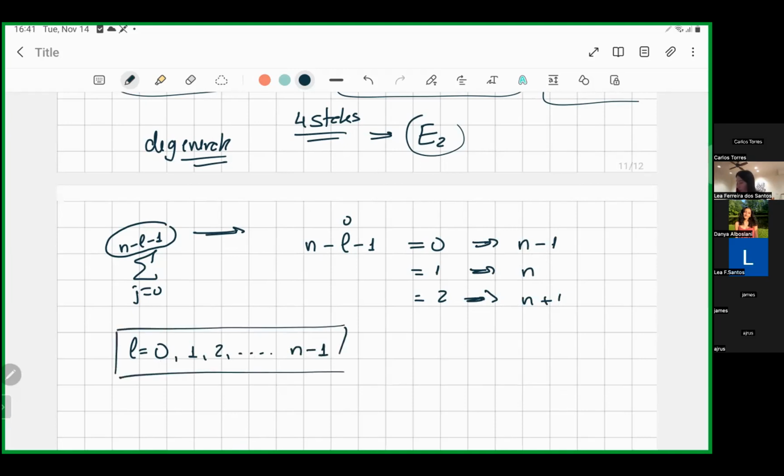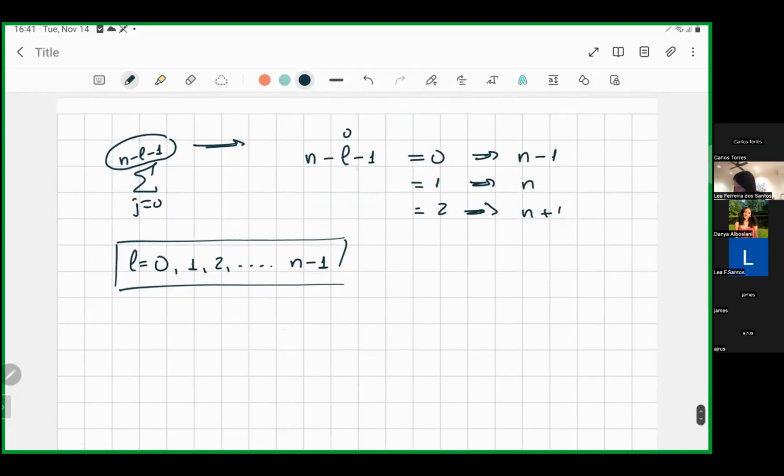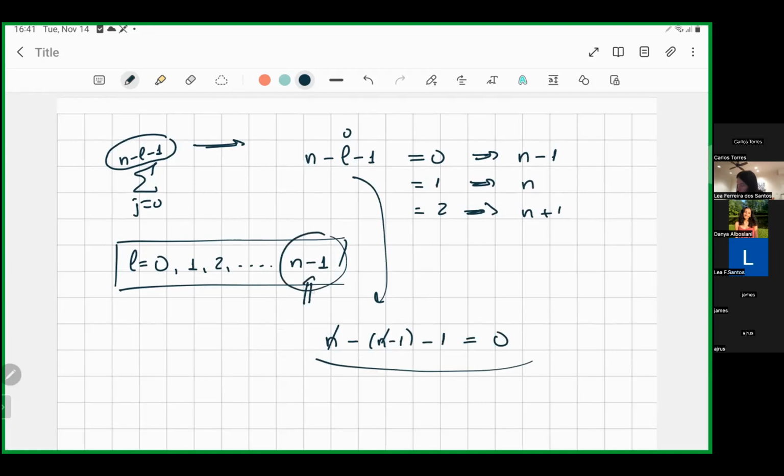These are the possible values of L. Let's put this in this equation. If I write L as N minus 1, this is 0. So the maximum possible value of L is N minus 1.